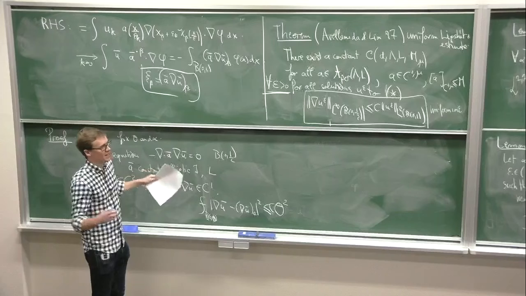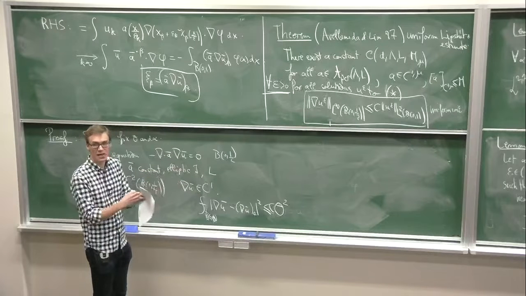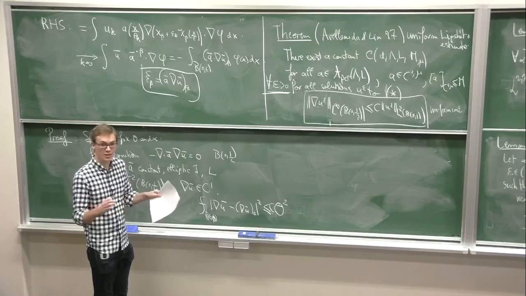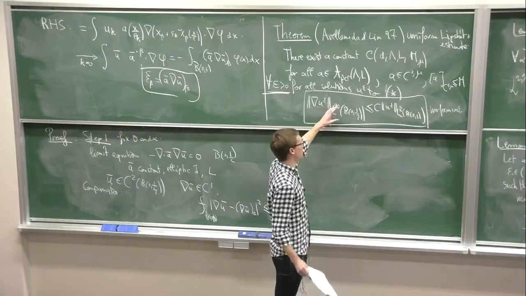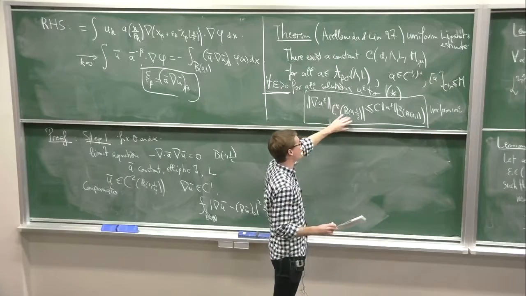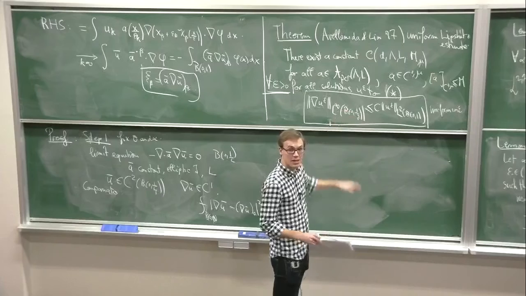And for simplicity, I will center all my balls at 0. Another comment: here I want to prove Lipschitz regularity in the whole ball, but for simplicity I center all my balls at 0.